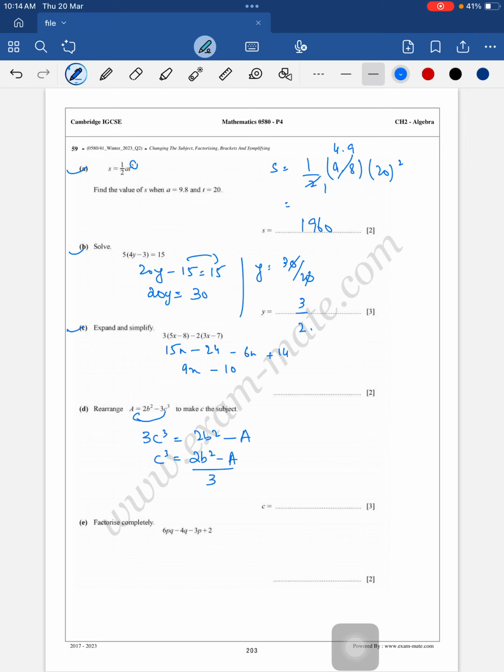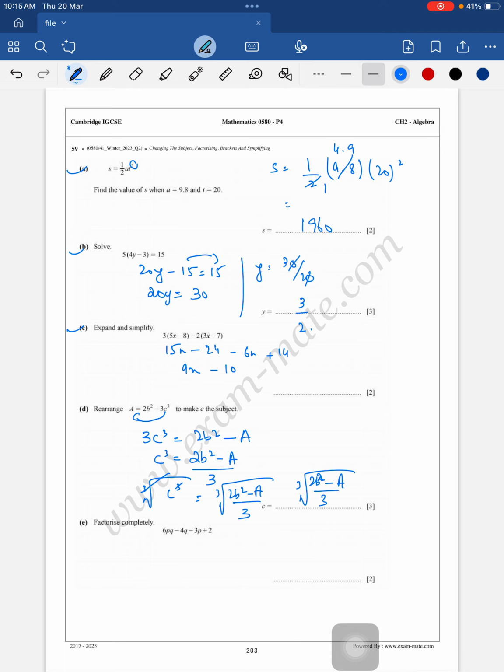Taking the cube root so that this power of 3 can be eliminated to make c the subject. So the answer is cube root of 2b square minus a upon 3.